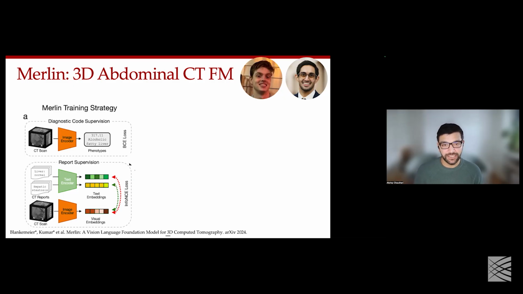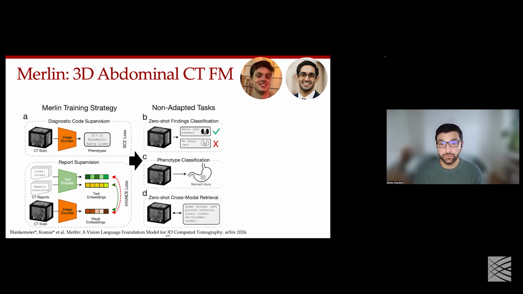After this model has been trained, there are a lot of tasks that we can perform without any adaptation, just with this pre-trained model. The first task is zero-shot findings classification, which I'll talk about a little more on the next slide. Besides that, we can accurately predict different phenotypes that correspond to the ICD codes, and we can do cross-modal retrieval.